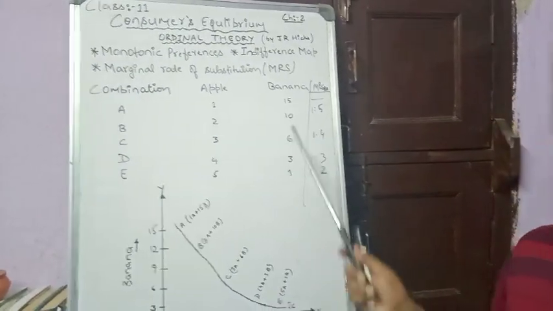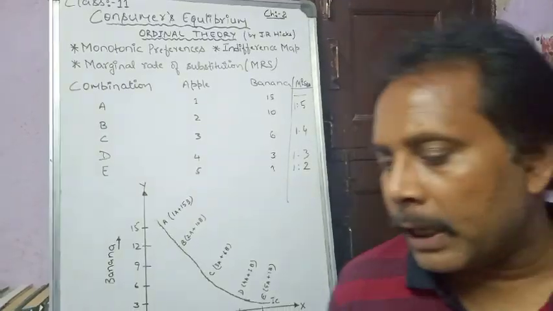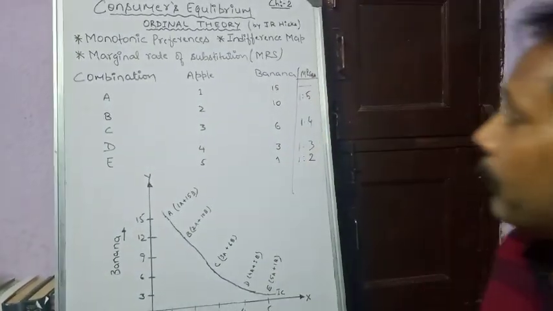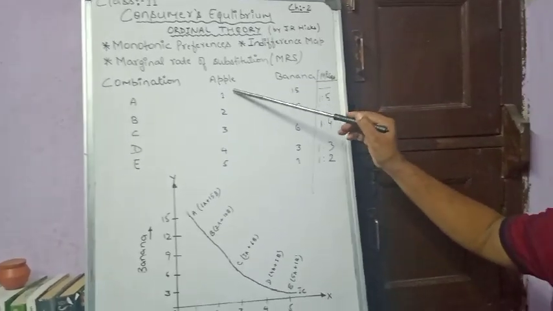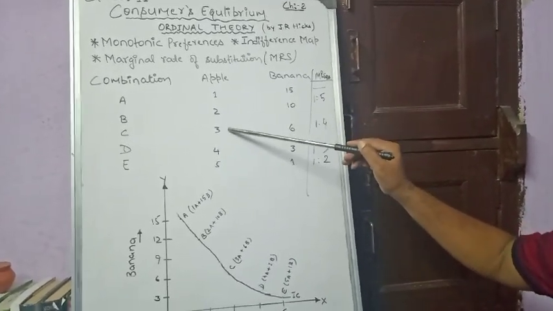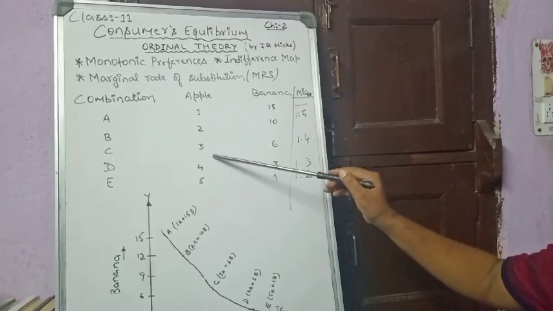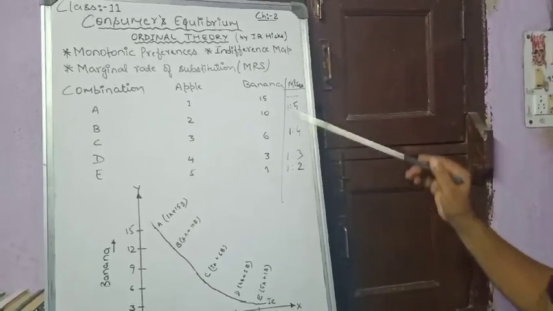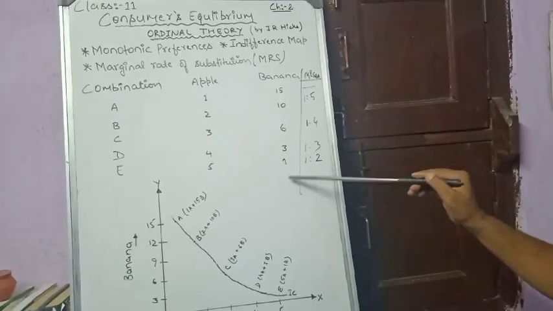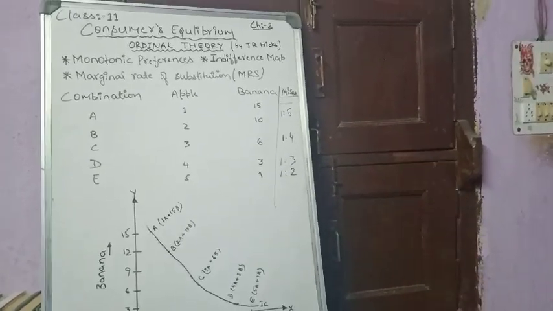It is based on the law of diminishing marginal utility. If more and more apples are gained, the marginal utility of apple starts to decline, and as more bananas are sacrificed, the number of bananas is continuously declining.